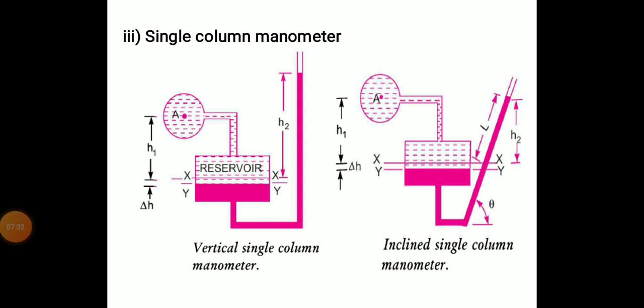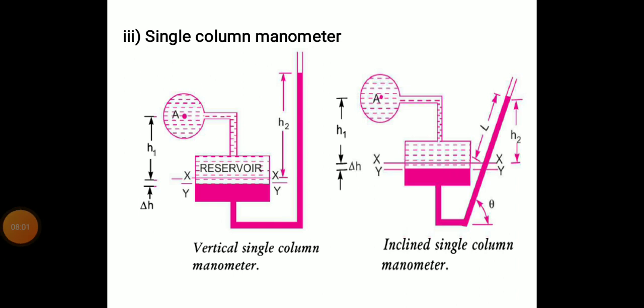In the vertical single column manometer, when the manometer is connected to the pipe, then due to the high pressure at point A, we will refer the figure, the heavy liquid in reservoir will be pushed downward, and therefore there will be rise in the right limb. This is vertical single column manometer.